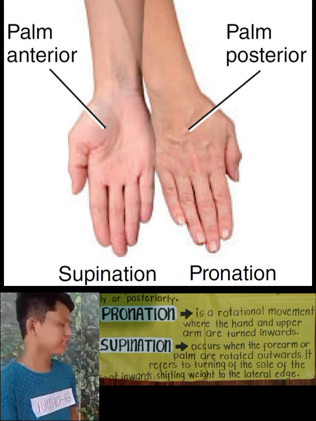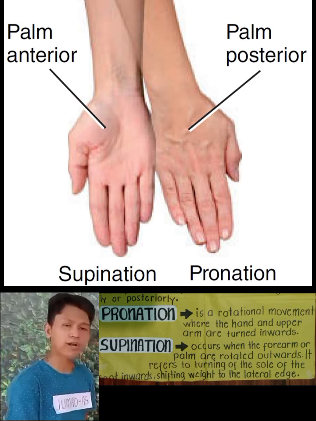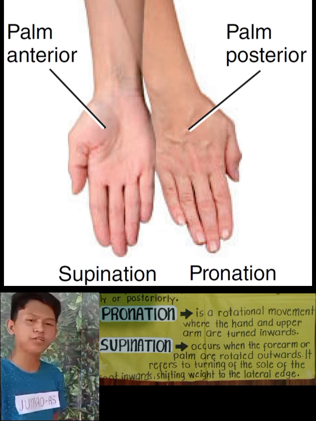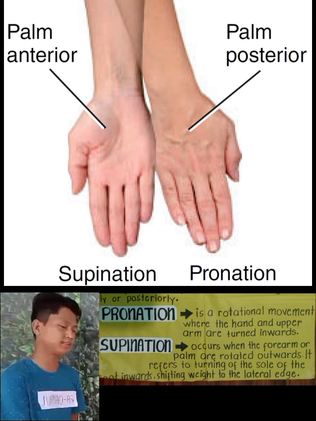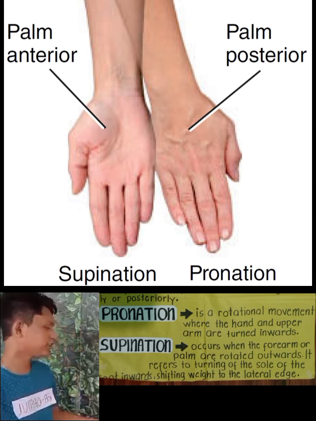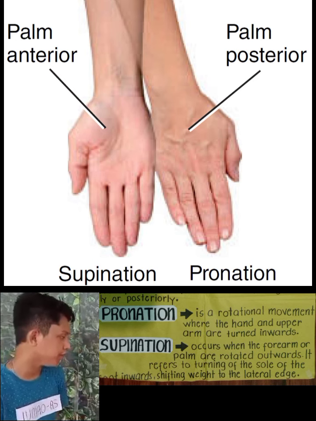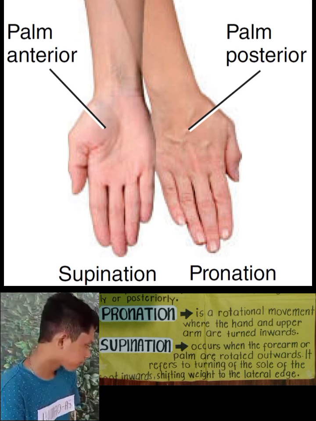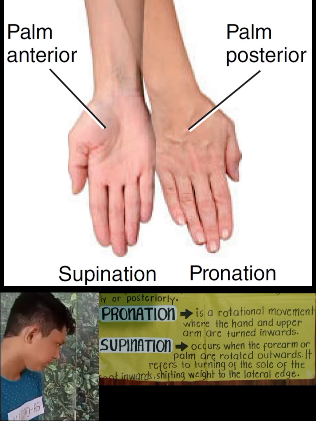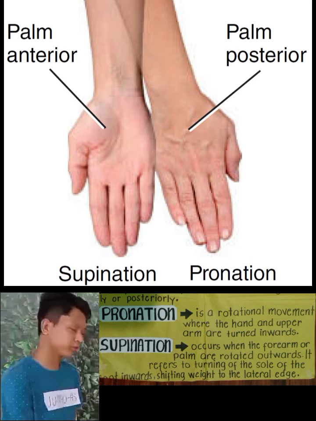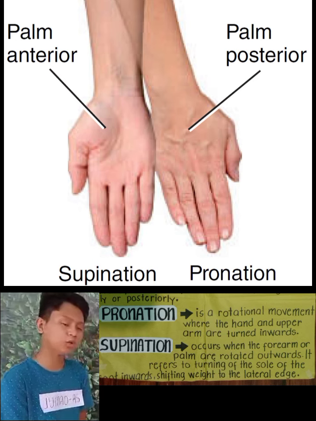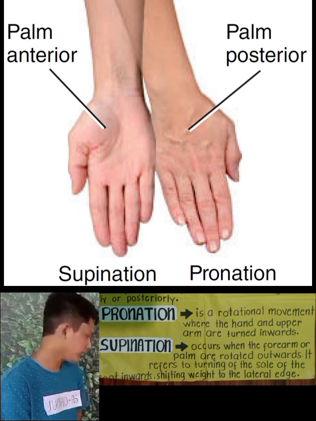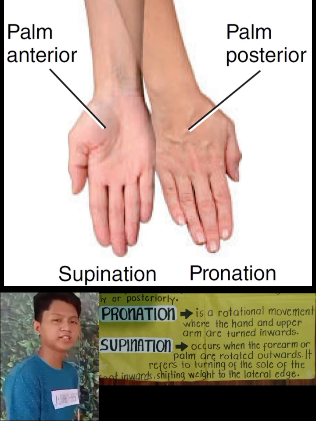Pronation is a rotational movement where the hand and the upper arm are turned inwards. Supination occurs when the forearm or palm are rotated outwards. It refers to turning of the sole of the foot inwards, shifting weight to the lateral edge.